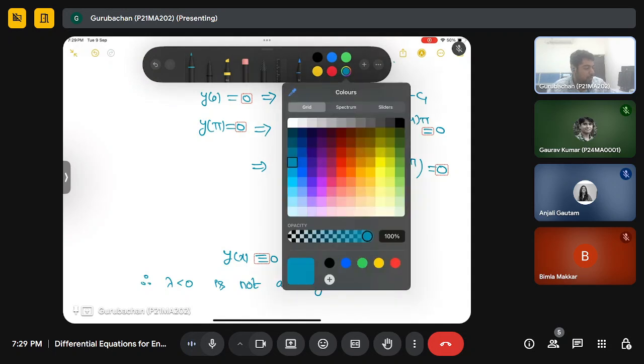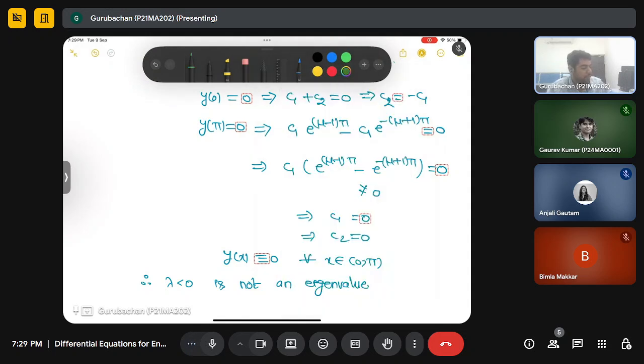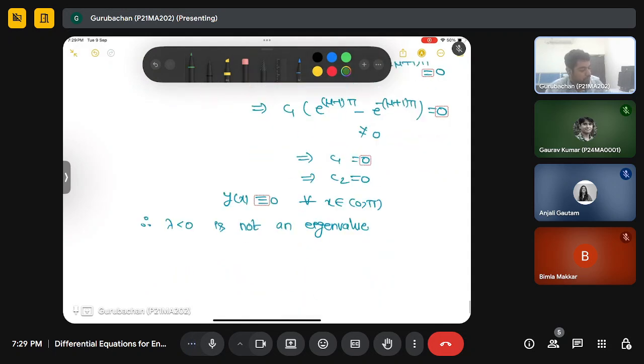So we are left with only the case lambda greater than 0. So for lambda greater than 0, this k value will be -1 plus minus i mu.